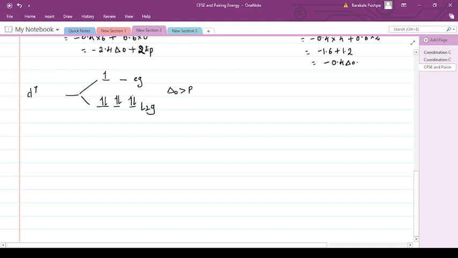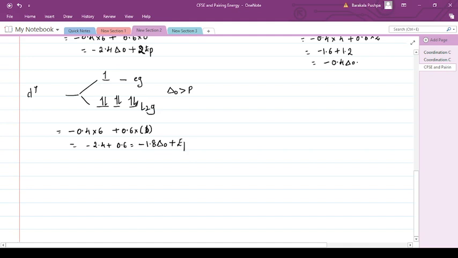So the one electron which has to go up has been paired here. As a result you calculate minus 0.4 into 6 plus 0.6 into 1, that is equal to minus 2.4 plus 0.6, that is equal to minus 1.8 delta O. Plus 1 electron is supposed to go to the eg level, but instead of going, it has been paired up at the ground level.